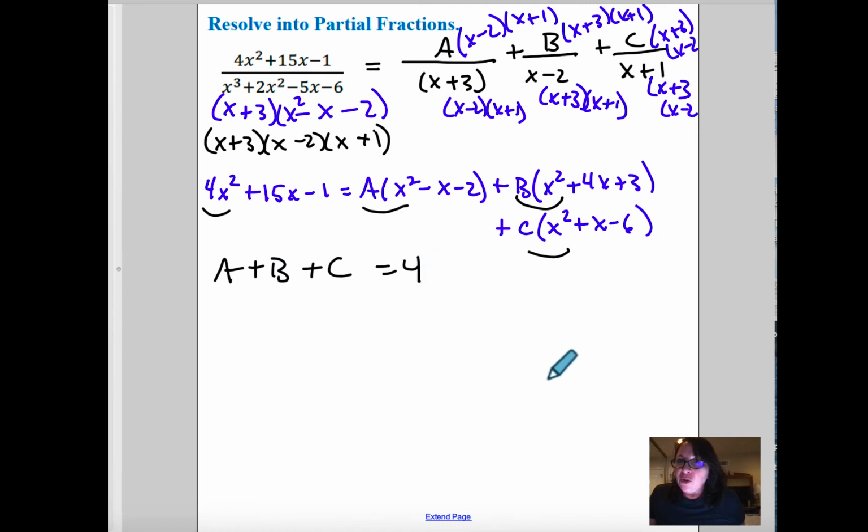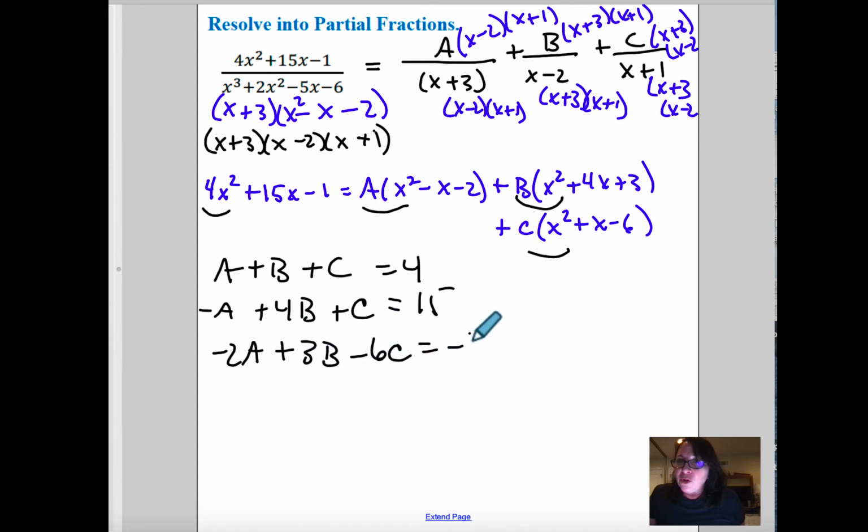See how you divide by x squared? And then the second equation is negative a plus 4b plus c, and that's going to equal 15. And then you're going to see negative 2a plus 3b minus 6c equals negative 1.